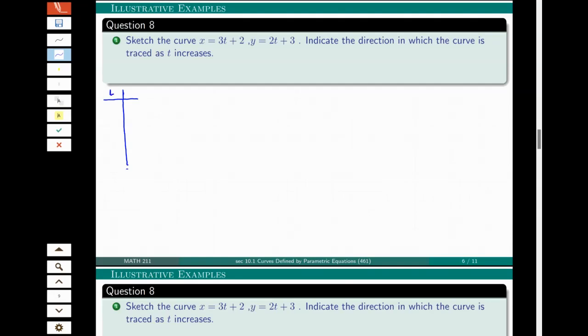Let's say t is minus 4, then minus 2, 0, 2, and 4. We just selected points. We will calculate x. We will calculate y.